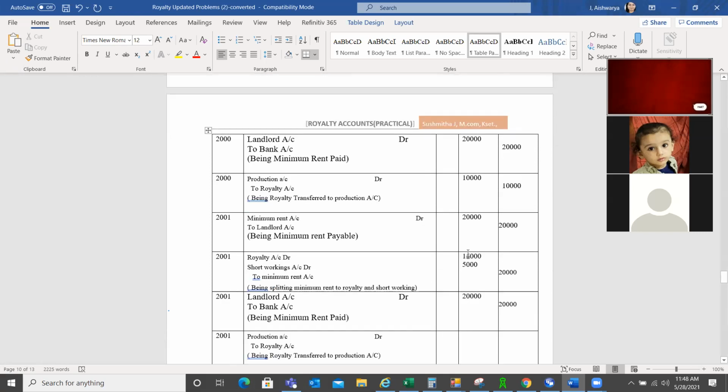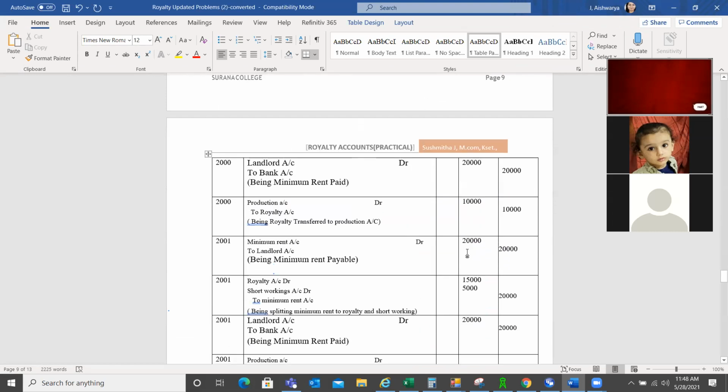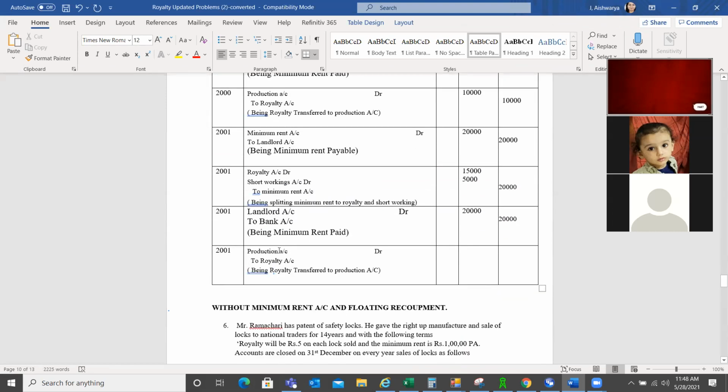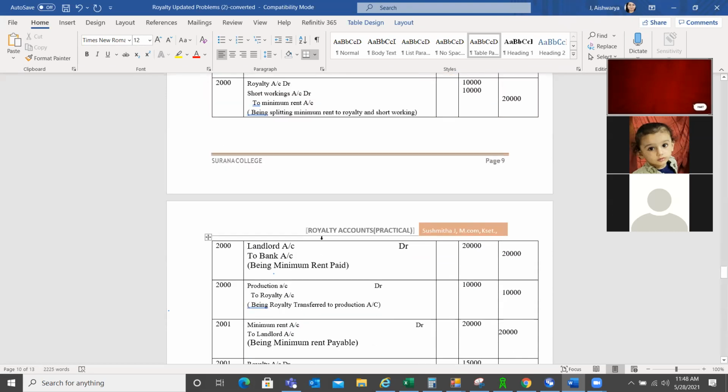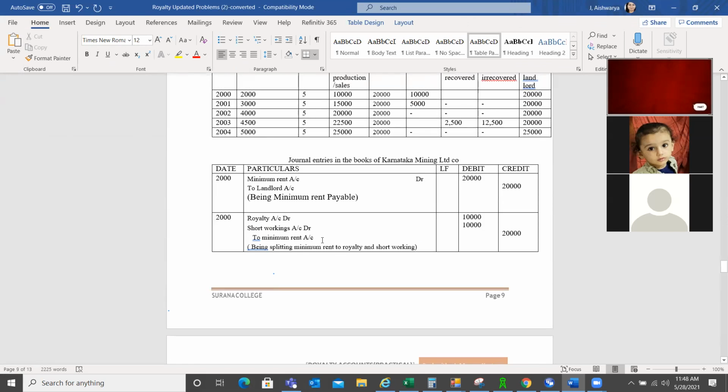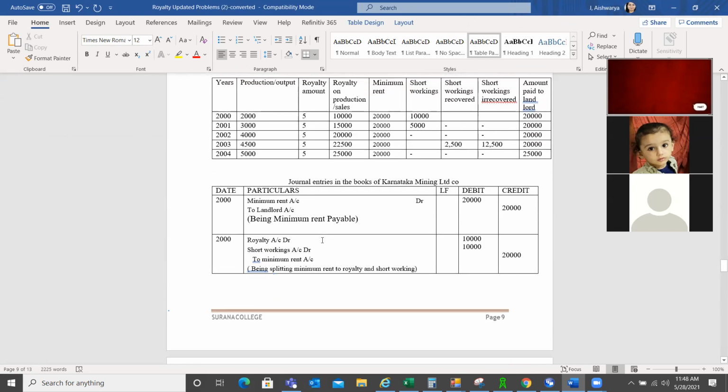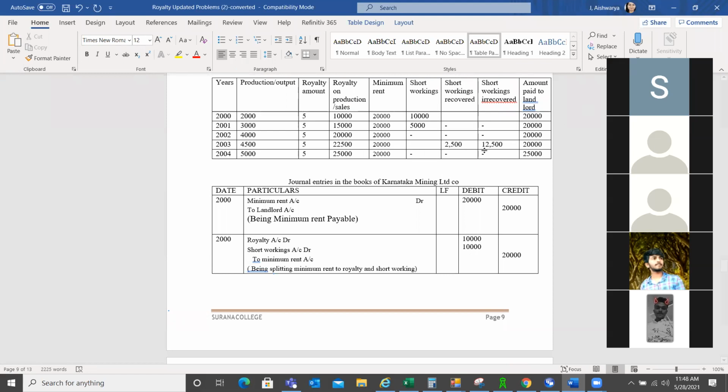Yes. So the question belongs to what? Production unit. So I'm just transferring my royalty to production account. That is factory, direct expenses. To the direct expenses I'm transferring. Okay. So here, Sumuk, how much do I have to transfer? 15,000.